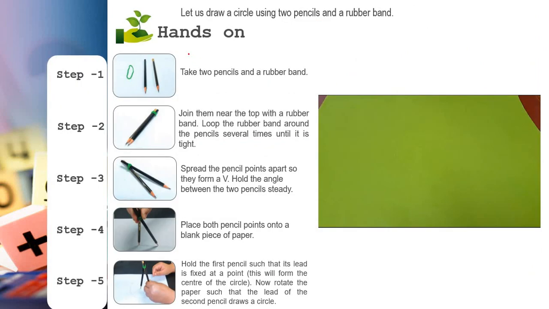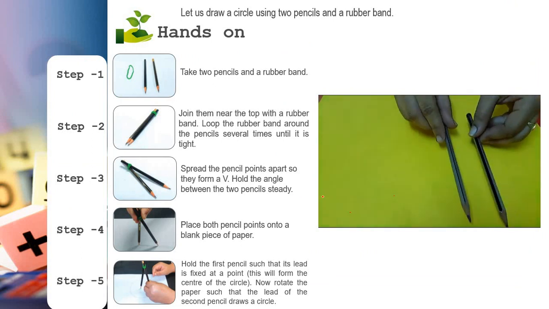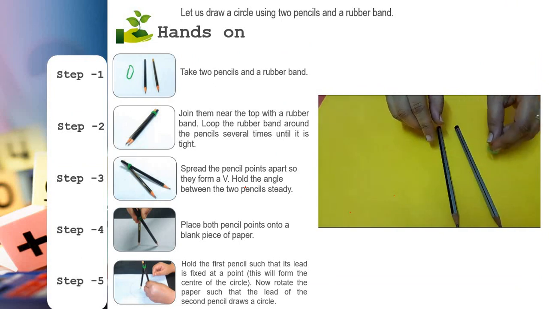Children, let us draw a circle using 2 pencils and a rubber band. There is a hands-on activity in your studio book. To complete this activity, we are having few steps. Step 1.